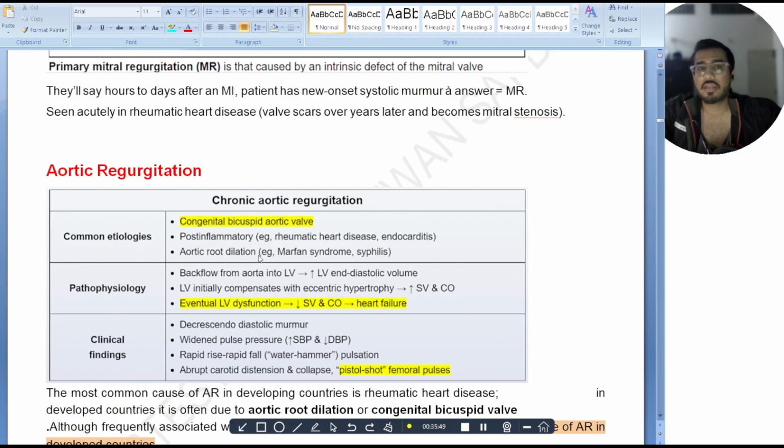Aortic root dilatation happens in Marfan syndrome and syphilis. This is also an important one. Usually you might get an MCQ of a person with a Marfanoid habitus.